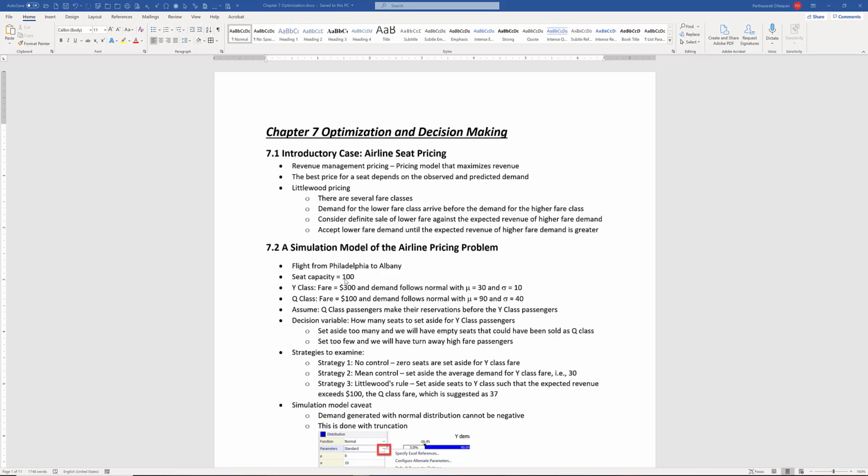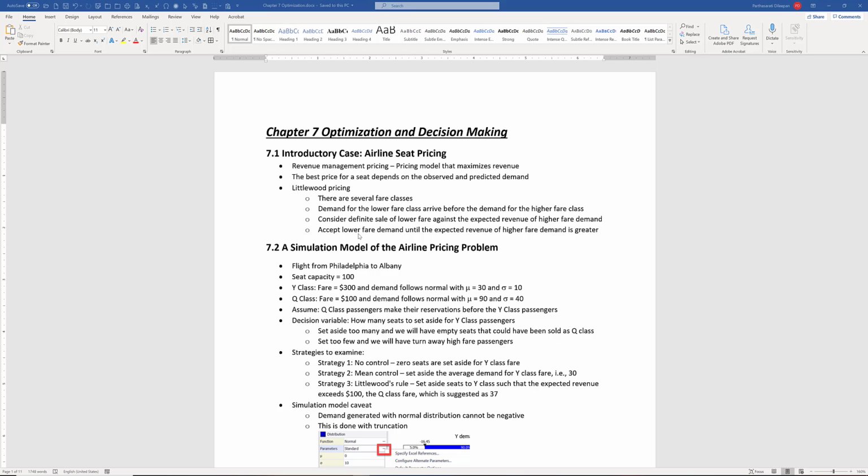So this is the kind of trade-off that we have to look at, and that's the principle behind Littlewood pricing: the expected price of future sales at a higher price is at least as much as the definite sale at the lower price.